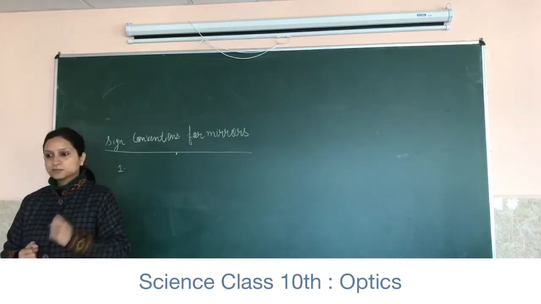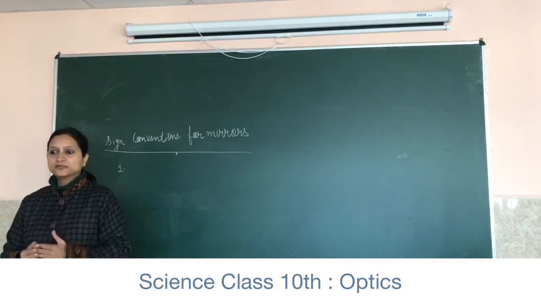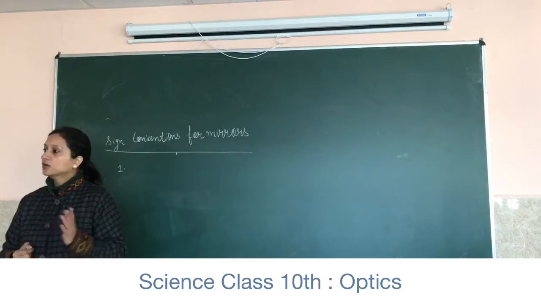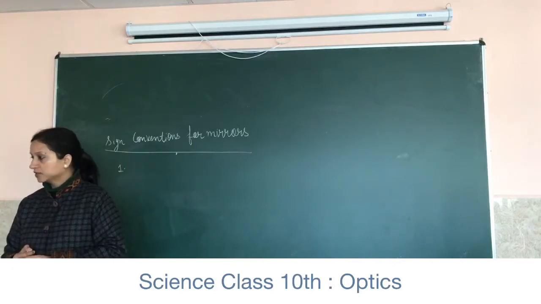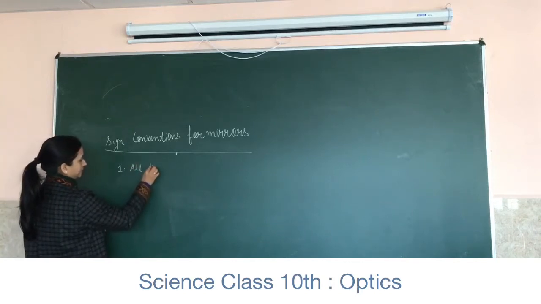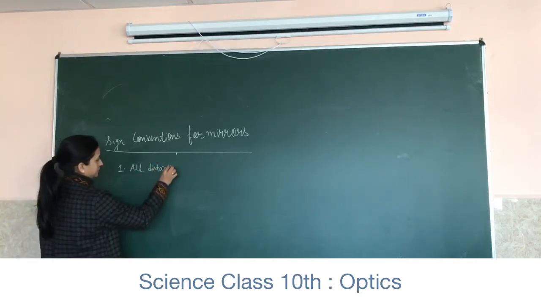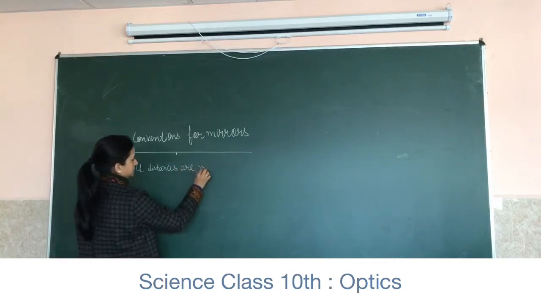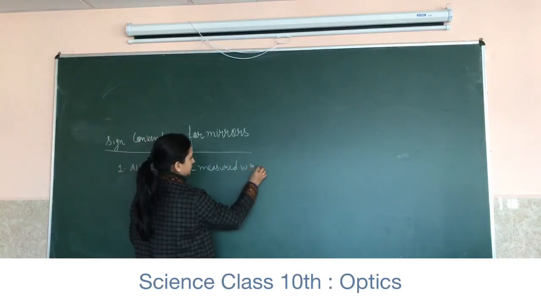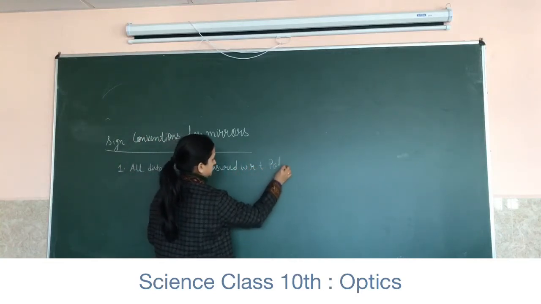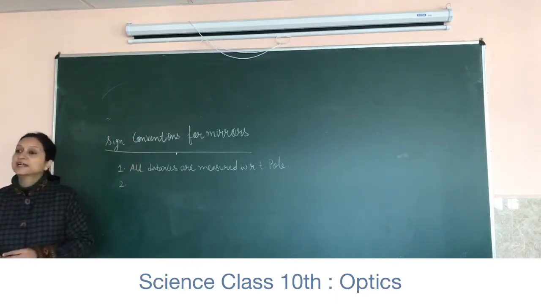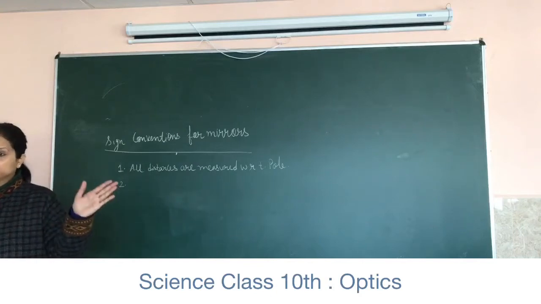What is the pole? The pole is the center of the mirror, which is represented by P. Then as a convention we take that the light will always enter from the left side.